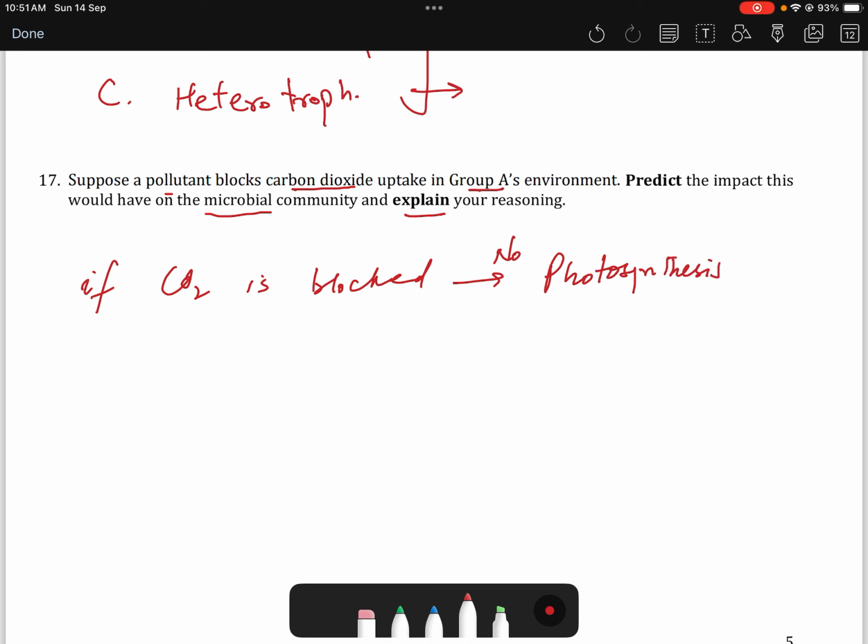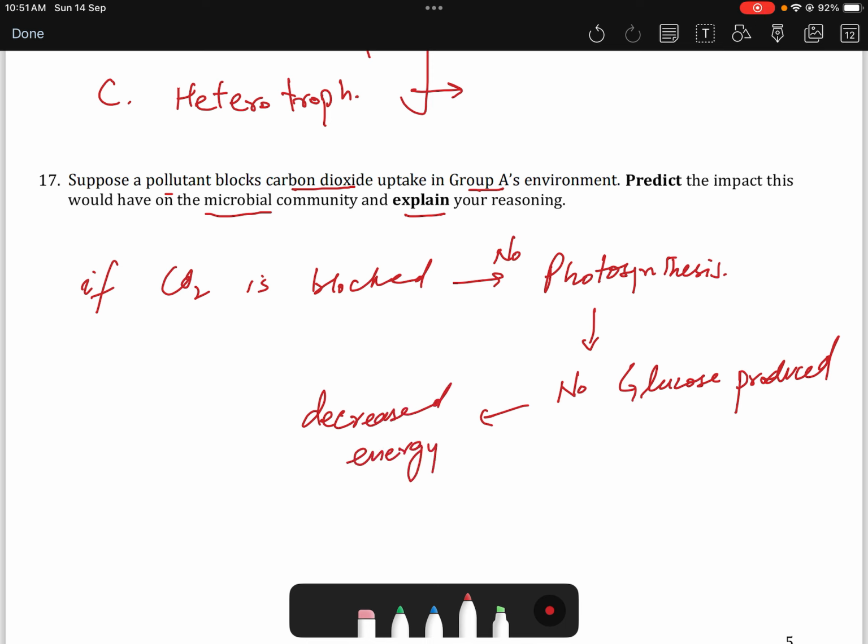So when you say that there is no photosynthesis, it means that no glucose is produced. And when there is no glucose produced, it means decreased energy, and then since no food, no energy, possible death of the microbial community.